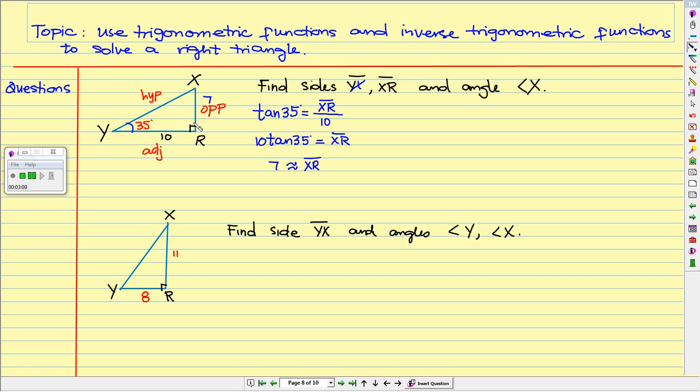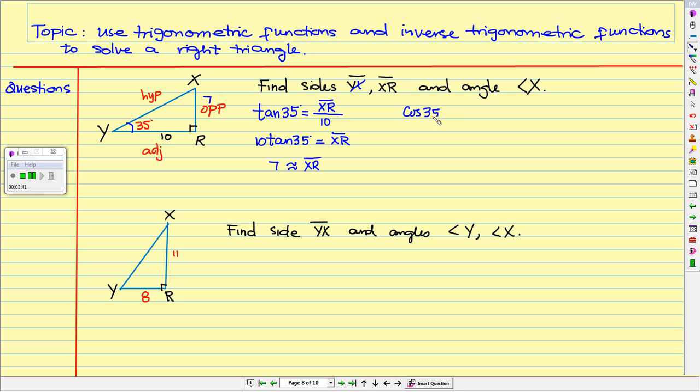Next, we can also find the hypotenuse. Here you do have many options. You can use the Pythagorean theorem, because you know the lengths of the adjacent and the opposite, so you can square each one of them, add them up, and take the square root, which gives you your hypotenuse. In this case, I'm going to use the cosine function.